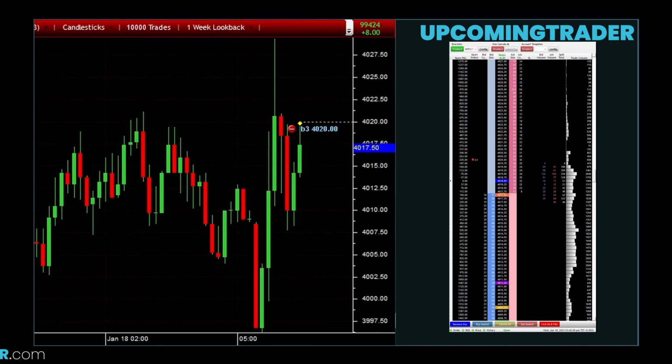So what does this on-balance volume line actually show us? The on-balance volume line works by adding volume on days when the price closes higher and subtracting it on days when the price closes lower. The result is a cumulative line that can reveal if buying or selling pressure is increasing.